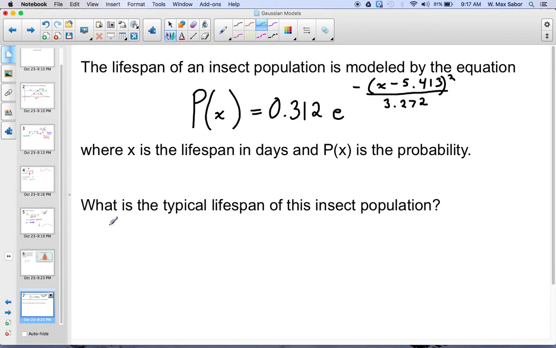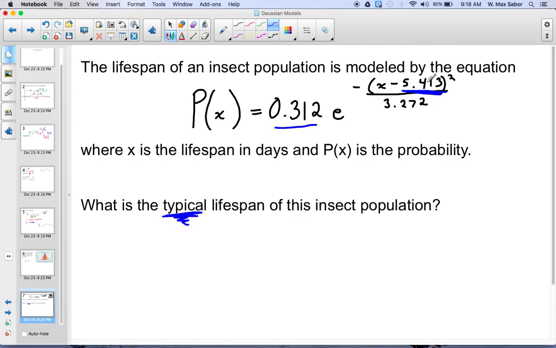The lifespan of an insect population is modeled by this equation, where x is the lifespan in days and p(x) is the probability. What is the typical lifespan of this insect population? Well, typical lifespan. So what do these different numbers represent? This represents the probability of the typical one, but that's not what it's asking. We don't want to know how likely the typical one is. We want to know what is the typical one. 5.413 has to do with the horizontal shift, and this is the average.